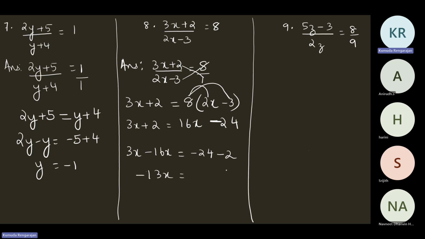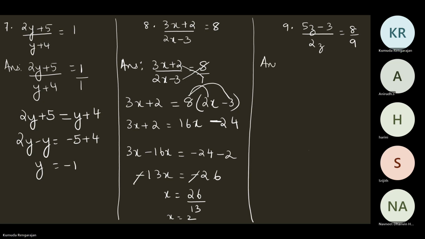If it is plus 26, fine. If it is minus 26, you'll have to mention minus. Minus 26, ma'am. Okay. Now the minus on either sides will get cancelled. So what's the value of x? x is equal to 26 by 13, ma'am. Correct, which is 2. Ma'am, I need to cancel it. Yes, 13 twos are 26. Very good, Harini. Thank you, ma'am.